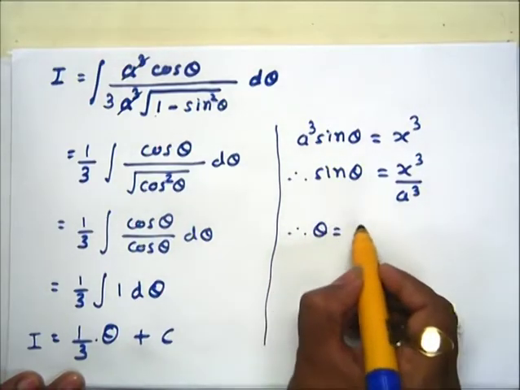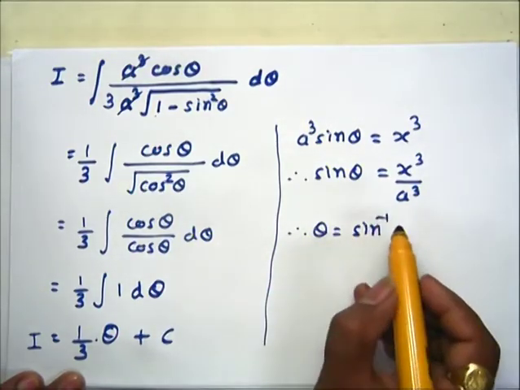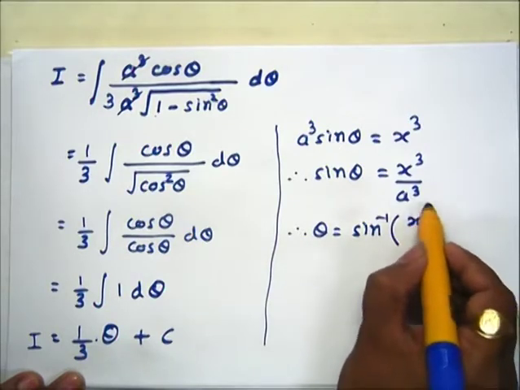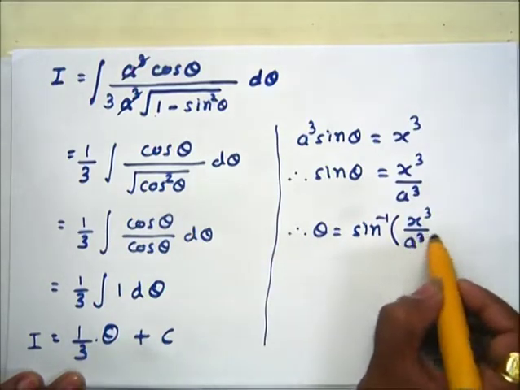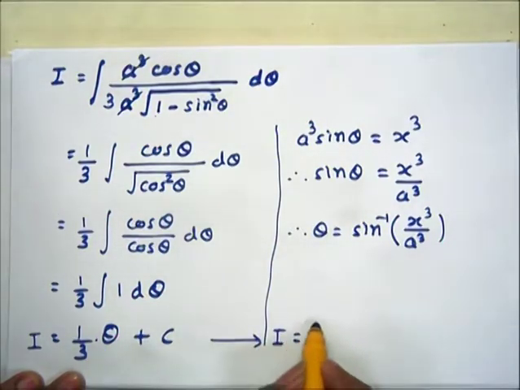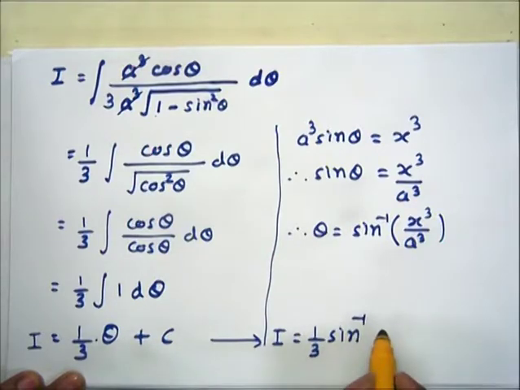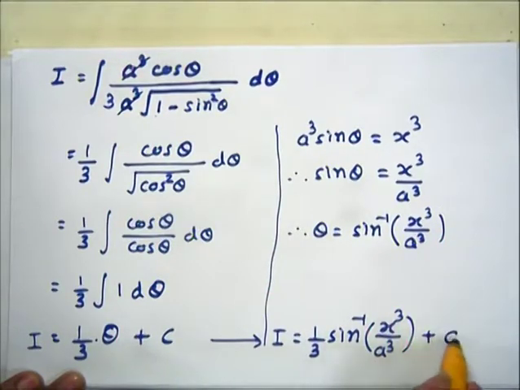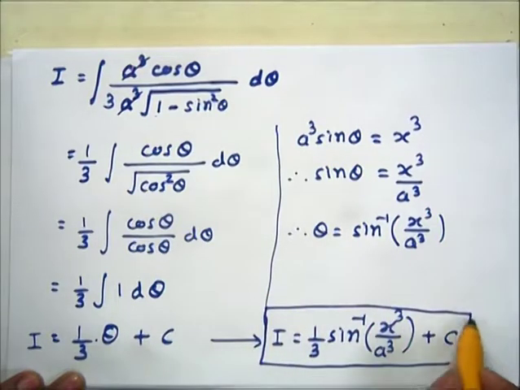Therefore theta equal to sine inverse x cube by a cube. So we can write this I as 1 by 3 sine inverse x cube upon a cube plus C. So this is the answer.